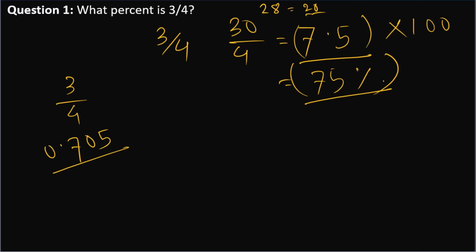We take the point, so here 30, 4 will go over 30, it's 7 times, then comes 2 and it's 20. We have taken a 0, so 4 will go over 20, it's 5 times. When we multiply with 100, we'll get 70.5%. Okay, this way you can solve these things.